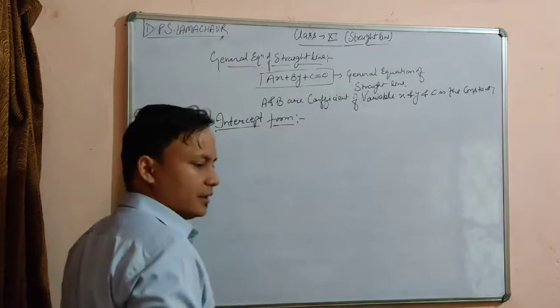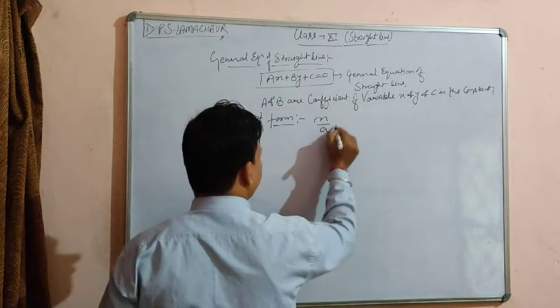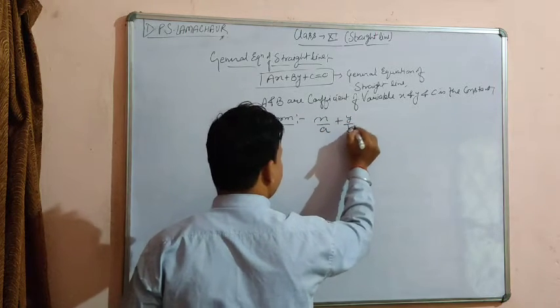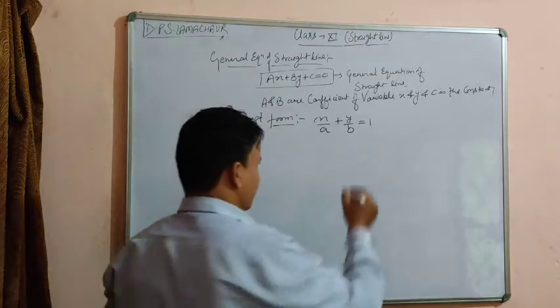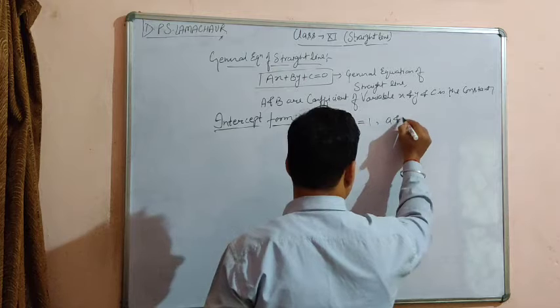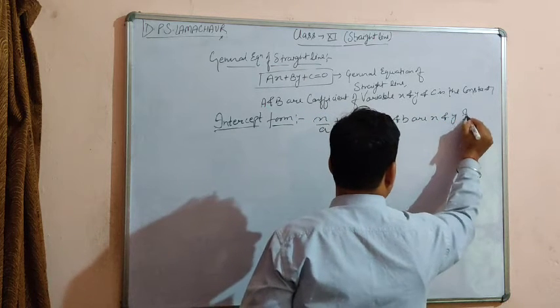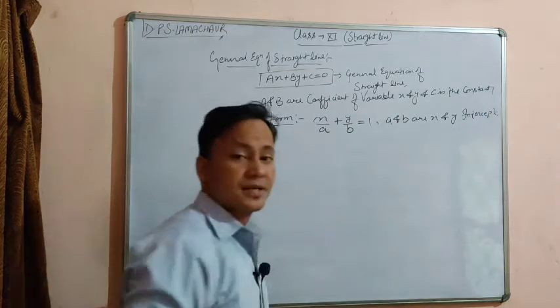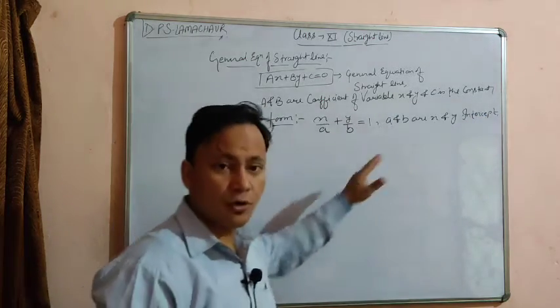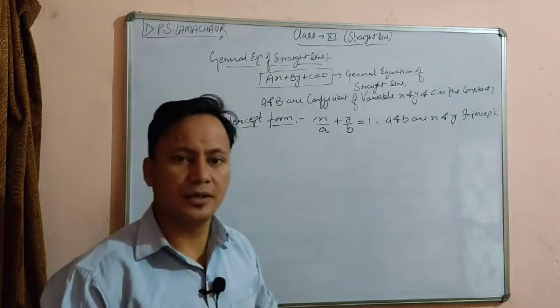So dear students, as we know, the intercept form of a straight line is x upon a plus y upon b is equal to 1, where a and b are the x and y intercepts respectively. What do you mean by intercept? Intercept is the part of the coordinate axis which has been cut by the straight line.